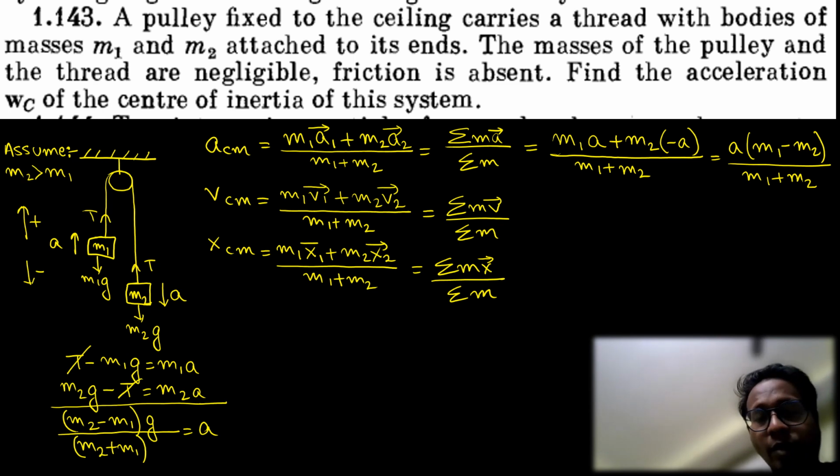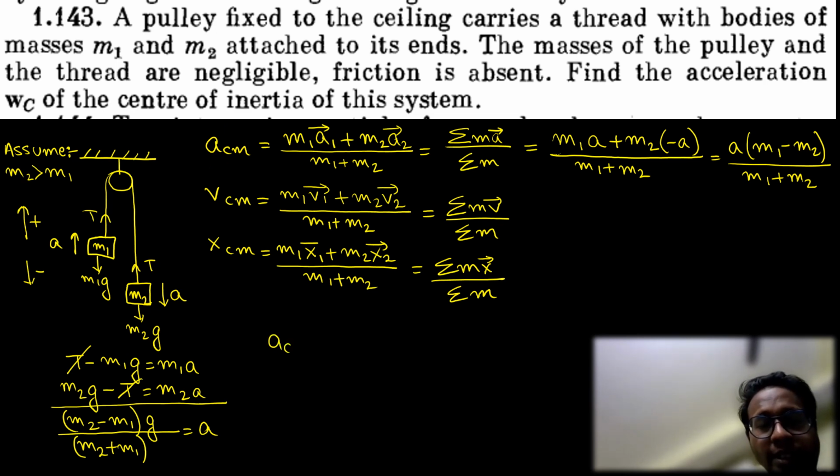And what is the value of a? The magnitude of a is nothing but this term, m2 minus m1 into g divided by m2 plus m1. If I substitute this entire term, I get the acceleration of center of mass.